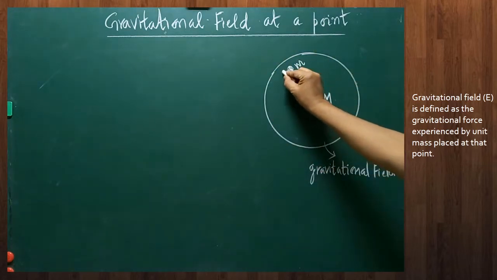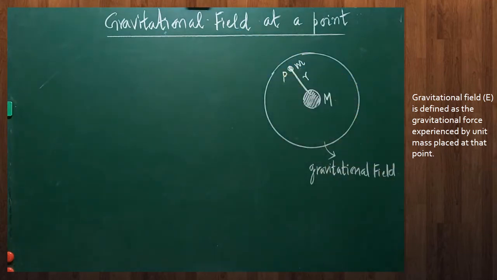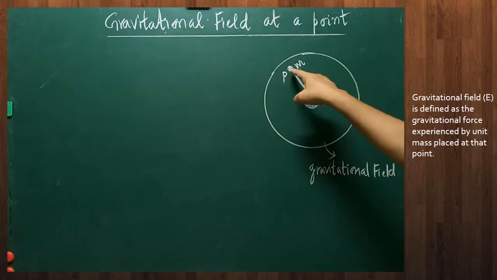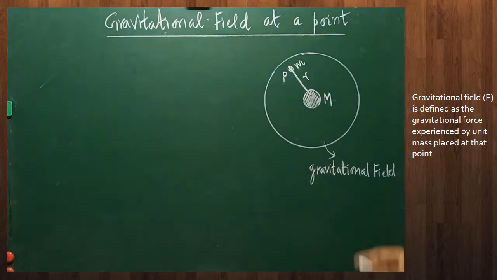Now we are going to calculate the gravitational field at point P. At this particular position, the gravitational field intensity, or gravitational field, is to be calculated at point P. How to calculate gravitational field? For that we need which formula? Newton's law of gravitation is essential.